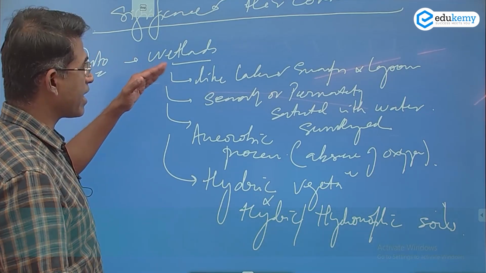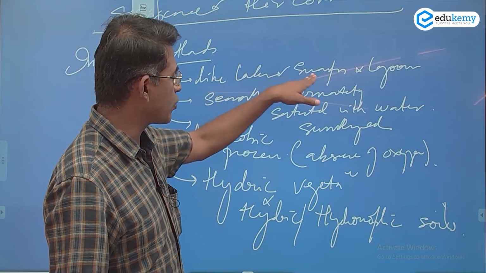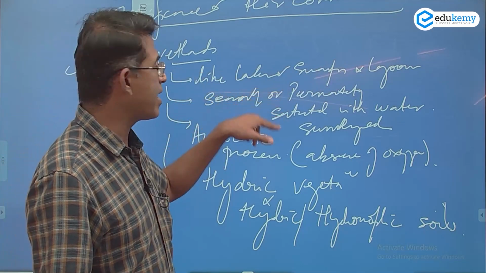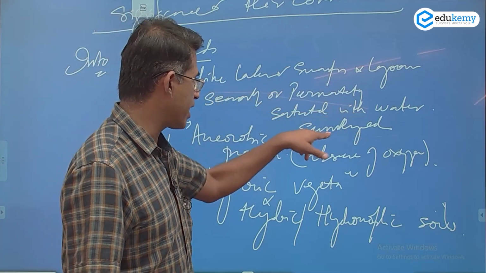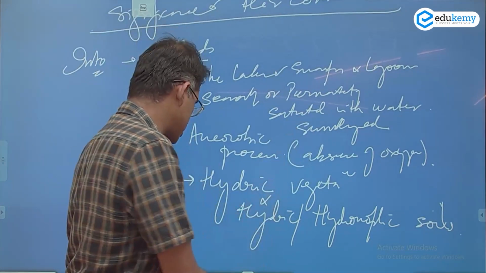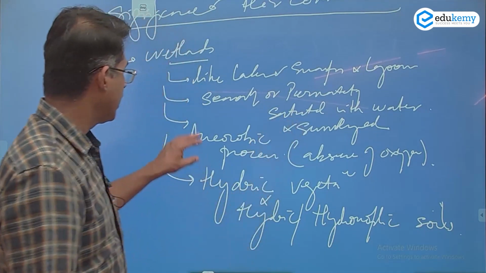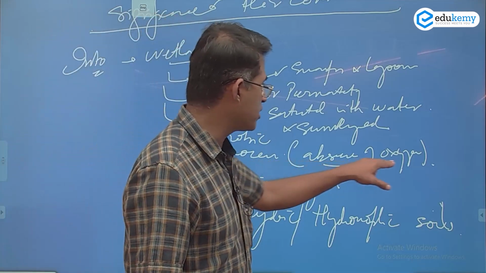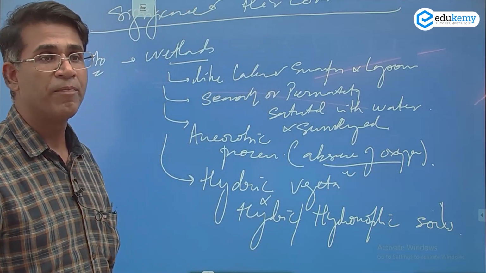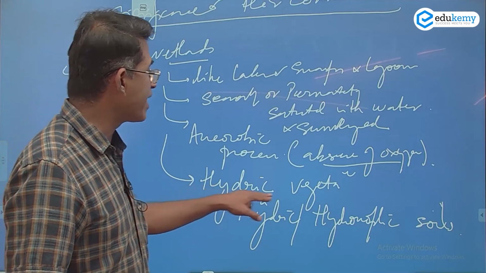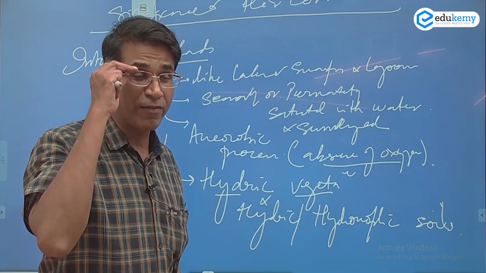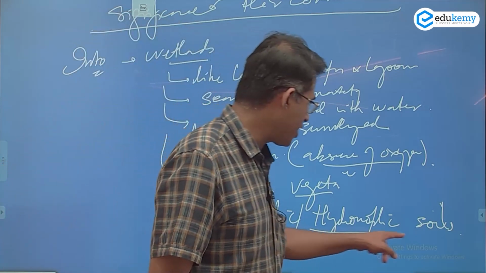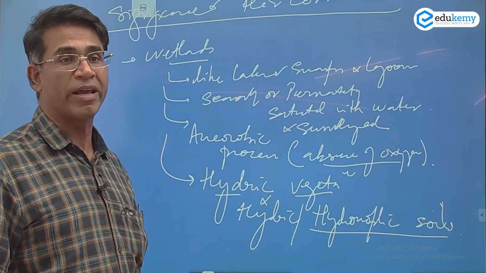So what are wetlands? Wetlands are like lakes, swamps, lagoons, seasonally or permanently saturated with water. They can also be submerged. They have anaerobic processes, mostly in the absence of oxygen. They have hydric vegetation, which can survive in submerged conditions, and hydromorphic soils.